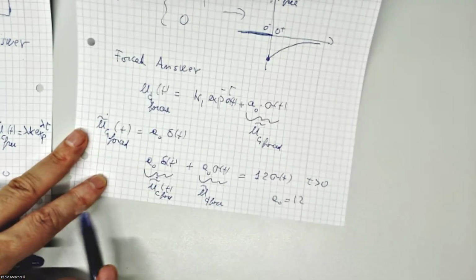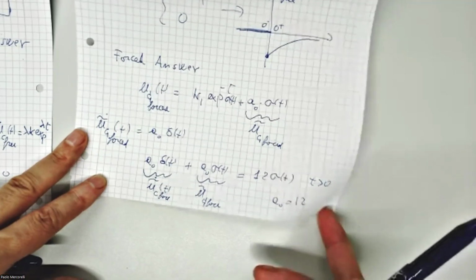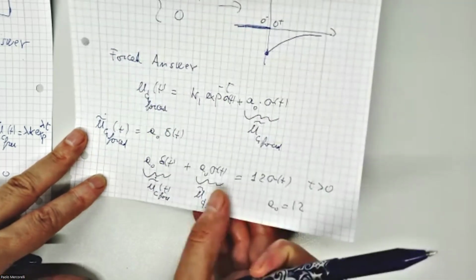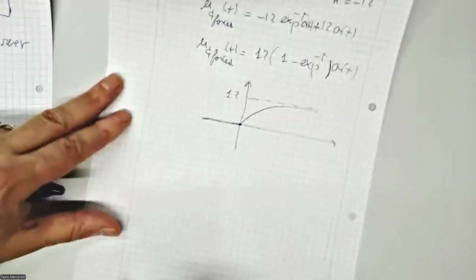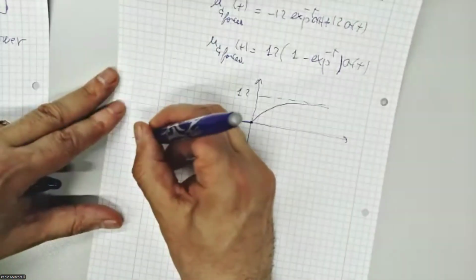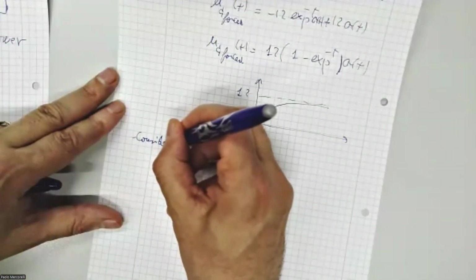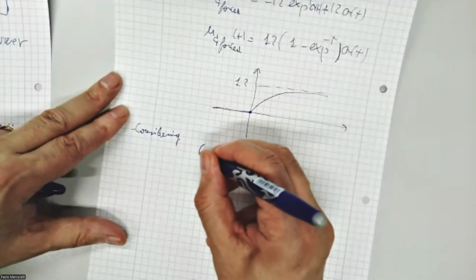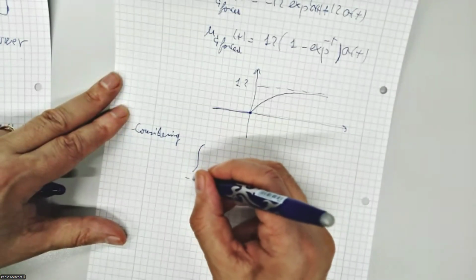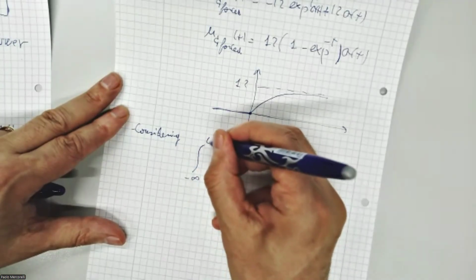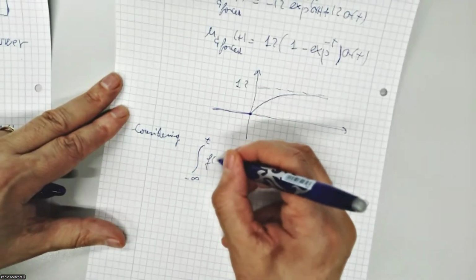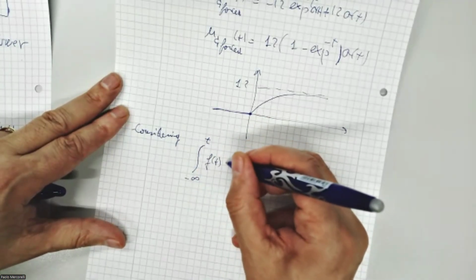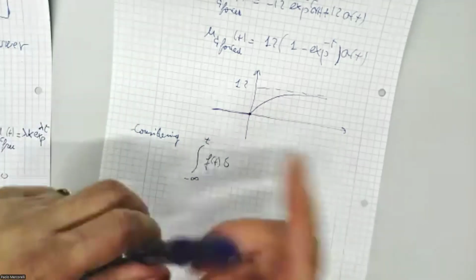Why does this equation hold also at time equals 0? I told you before, let me show you again. So we have considering, remember the definition. I will show you again, tau.